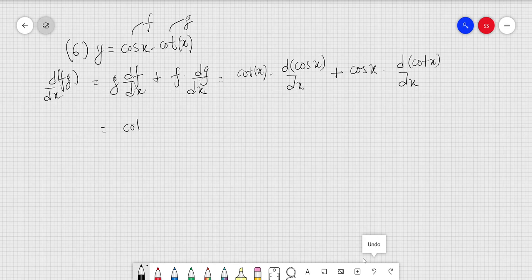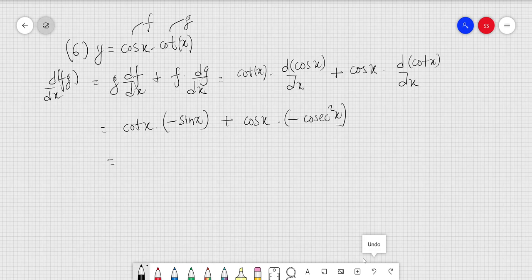So this would be cot x. If you look at the formula that I presented in this video earlier, the derivative of cos x is minus sin x, plus cos x times the derivative of cot x, which would be minus cosec squared x.